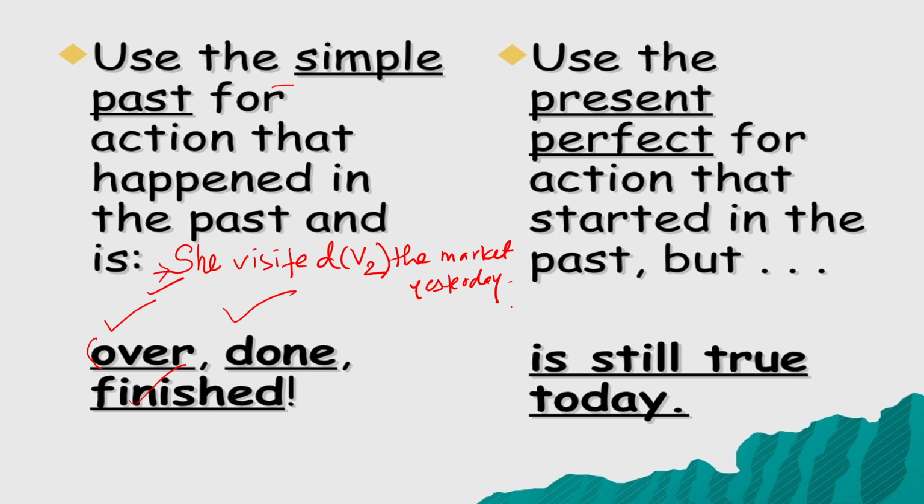Similarly, the same sentence can be expressed in present perfect. She has visited the temple. She has visited the temple recently. Now see here, in present perfect, according to the subject we use either the auxiliary has or have.